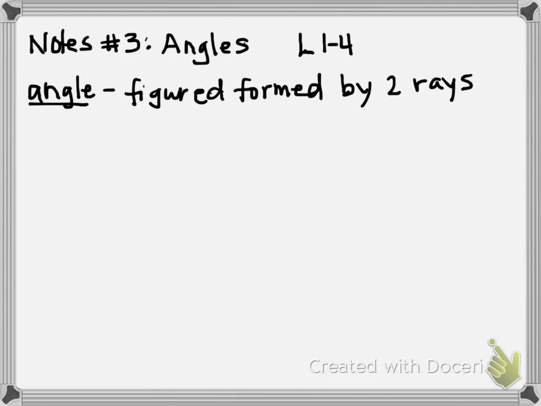Remember that a ray has a definite beginning and an indefinite ending, and that these rays are unique in that they have the same endpoint. So both rays start from the same point.